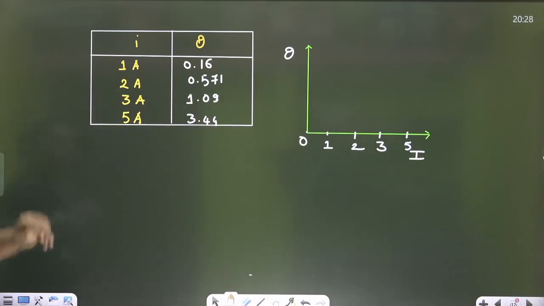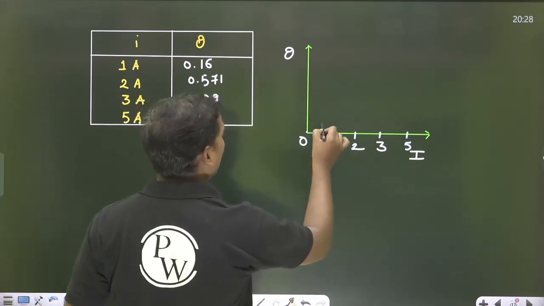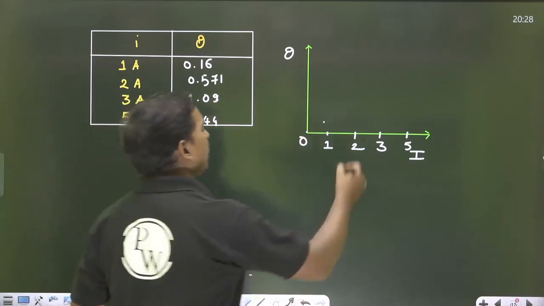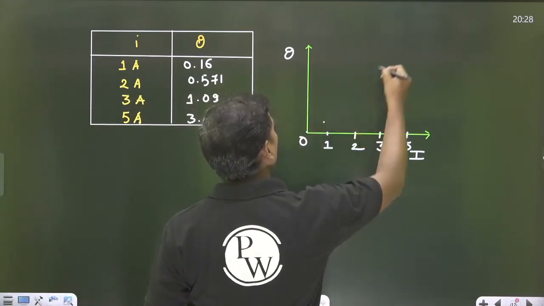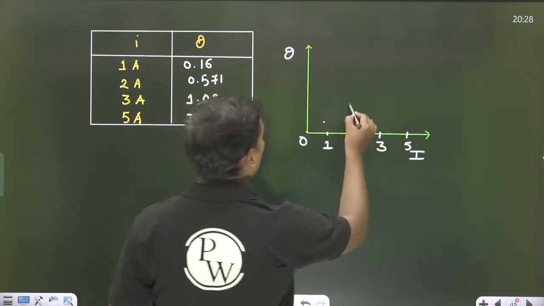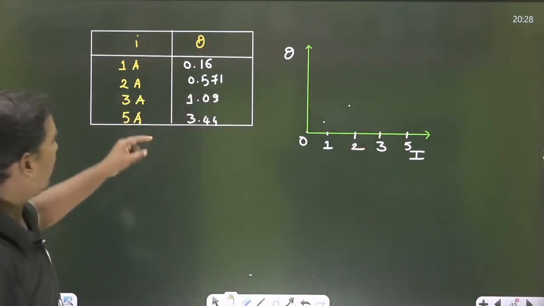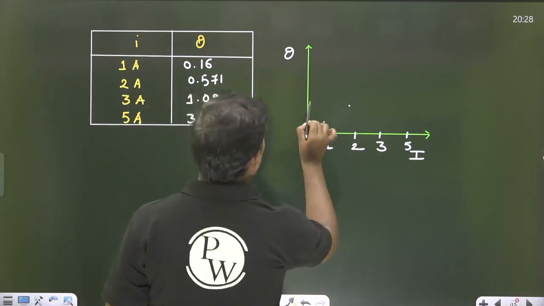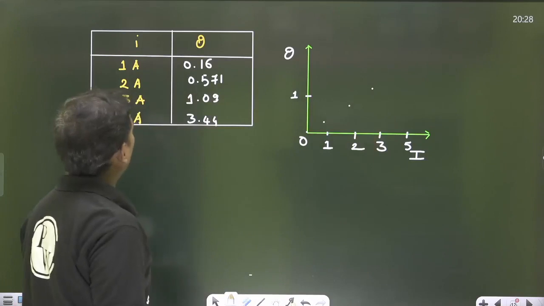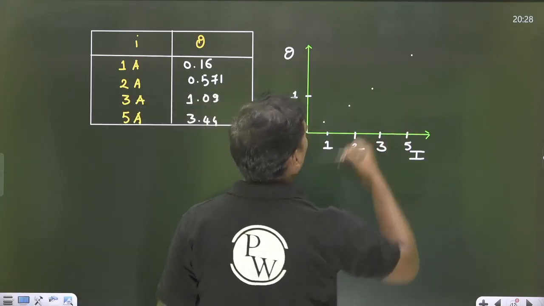For a current of 1 ampere, I was getting 0.16 somewhere here. Next, for 2 amperes, somewhat linear. See how it is moving. For 3 amperes, it is coming above 1.09, and for 5 amperes it is going very far.